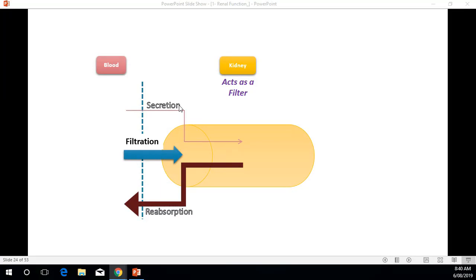First thing is filtration. Filtration is generally non-specific. Anything small in size will filter, okay, whether good or bad. So filtration is very non-specific. Remember, after the glomerulus, the glomerular capillaries, what happened? The efferent arteriole came out, right?